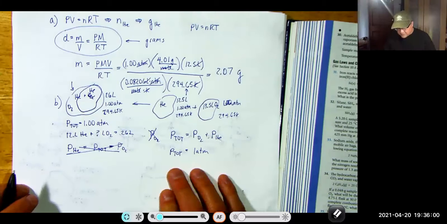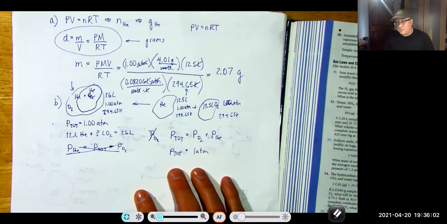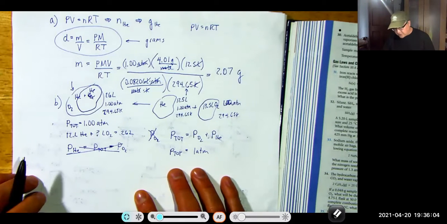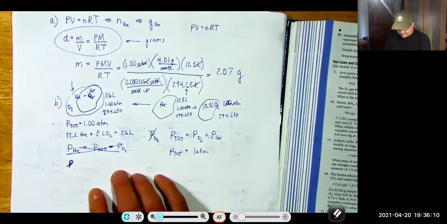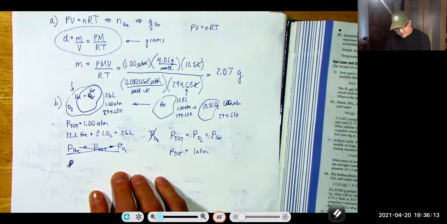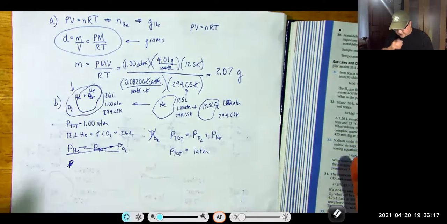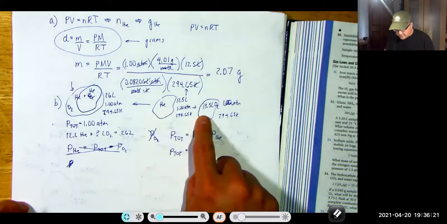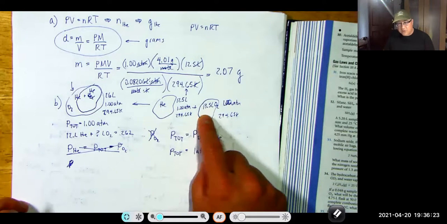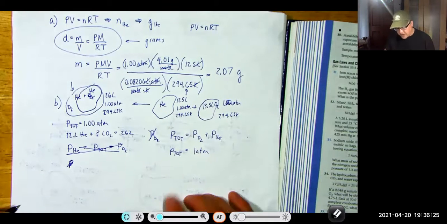So another thing we have to know is that when we talk about pressure, the pressure is also proportional to the volume. I'm not explaining this very well. Okay, so we have 12.5 liters of helium and 13.5 liters of oxygen. Which one is going to have more pressure, the oxygen or the helium?